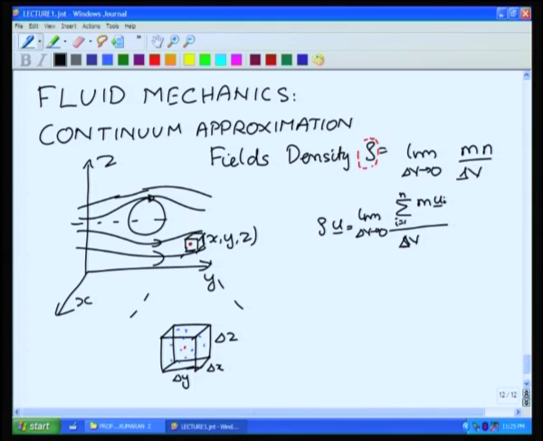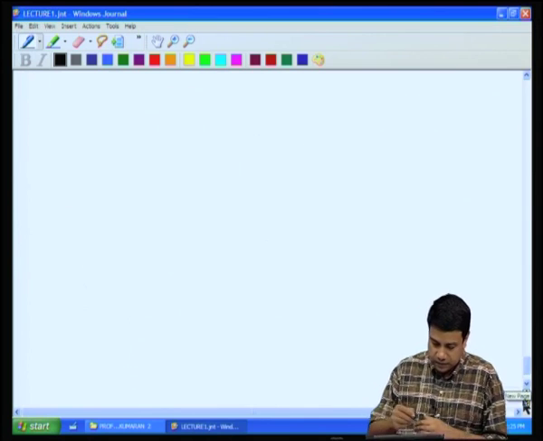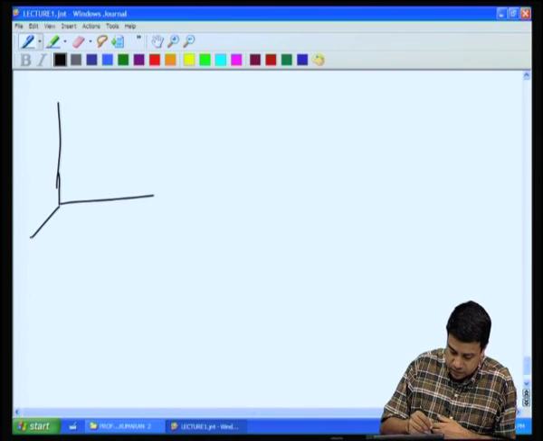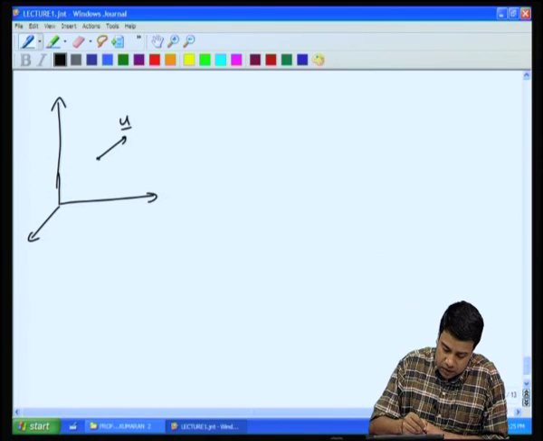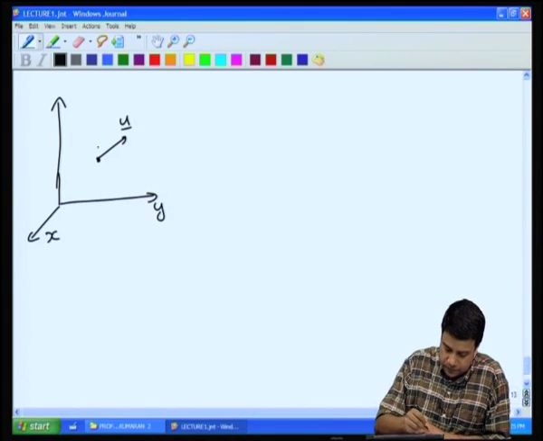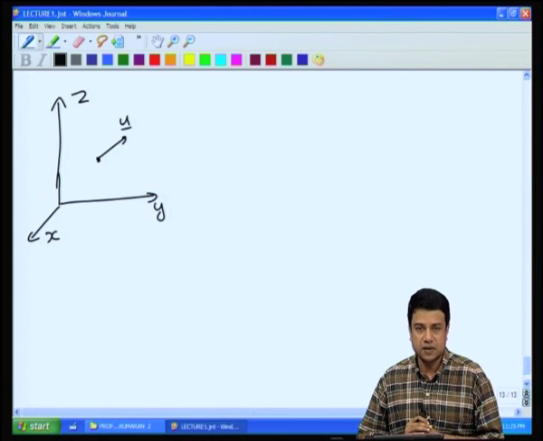The other distinguishing feature of this velocity field is that the velocity is a vector. Okay. As I said, at one particular location, the velocity field is a vector. It has a magnitude and a direction. Okay. And it can be resolved into three components.